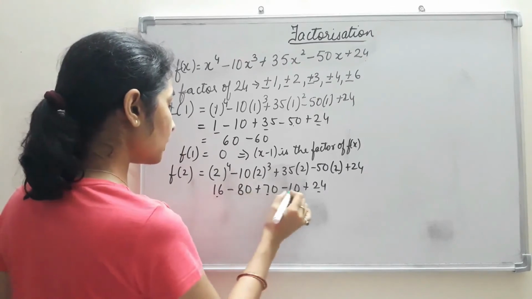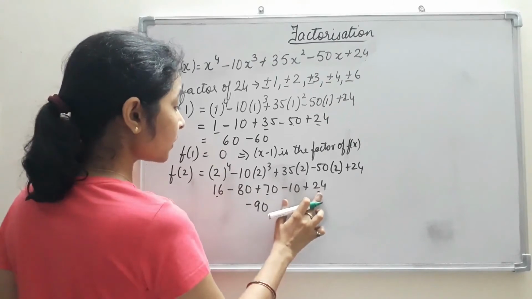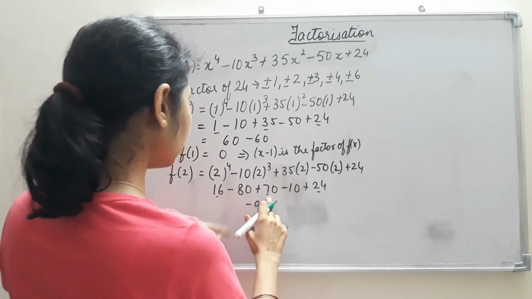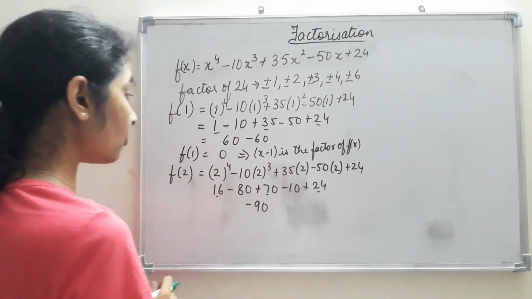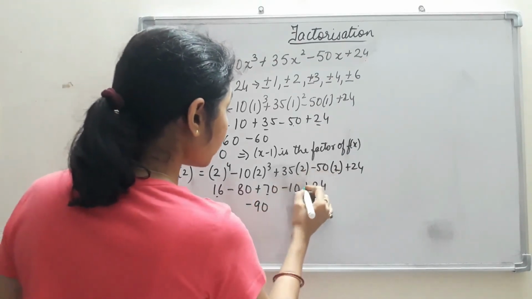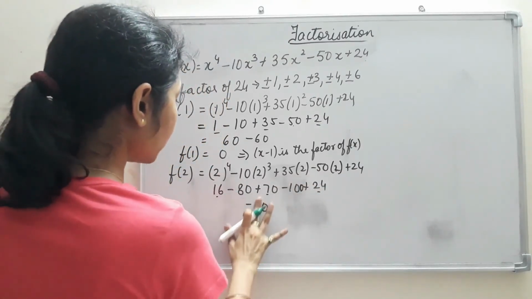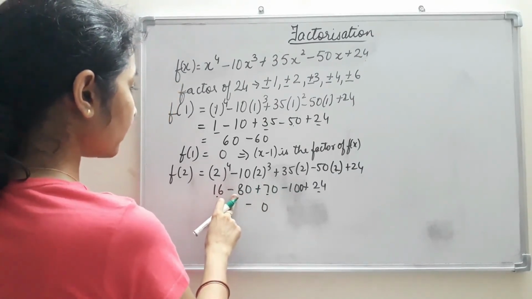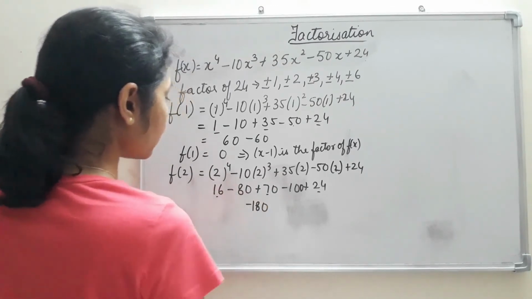These two are negative. So 80 plus 10 gives me 90. And 16 plus 24, and I did a mistake here, 50 into 2, it is 100 here. Okay, so here what do I get the total as? Wait a minute, it will be 180 here, and that gives me 180.